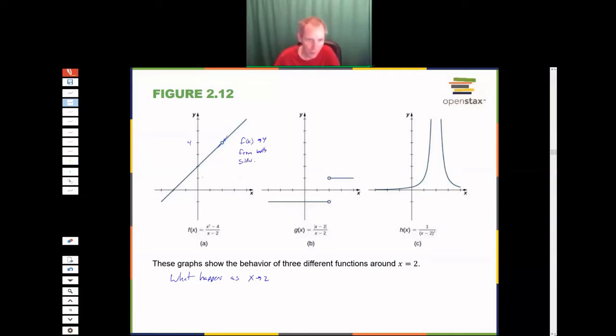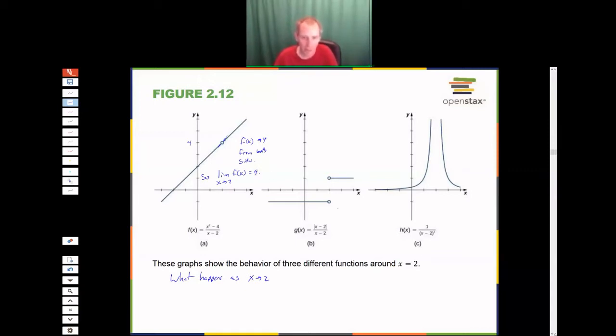Okay, so we say that the limit as x approaches 2 of this function equals 4. All right.